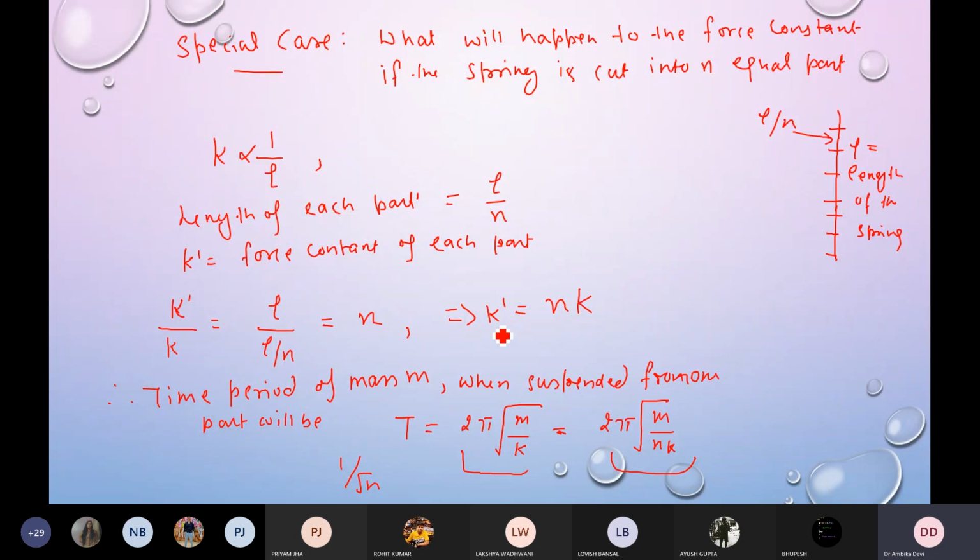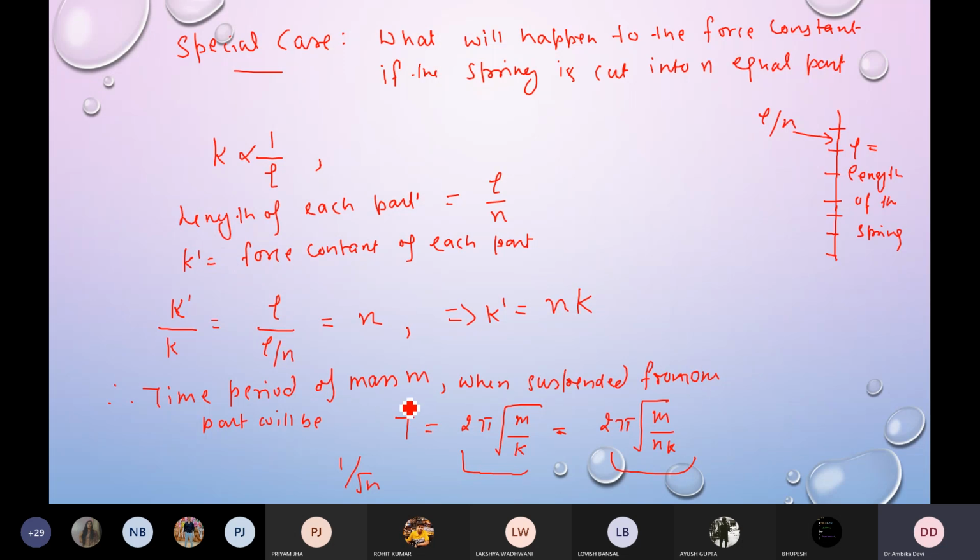So k dash is equal to nk, which is the new force constant for a single part. When you substitute this value in the time period, you get 2 pi under root of m upon nk.